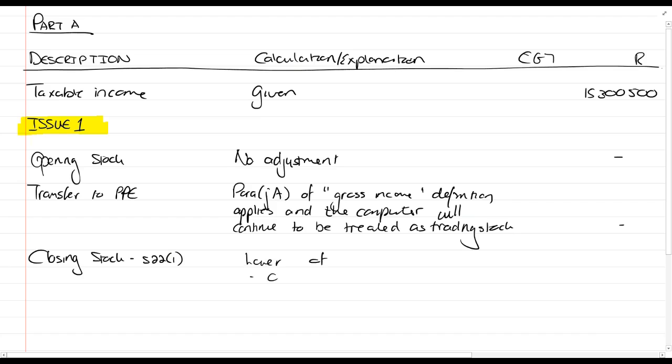And you need to always put down a rule, lower of cost or market value. Cost is 37,000, market value is 35,000. Closing stock is the amount that we add back. Right, there we go. Reasonably simple, I think.